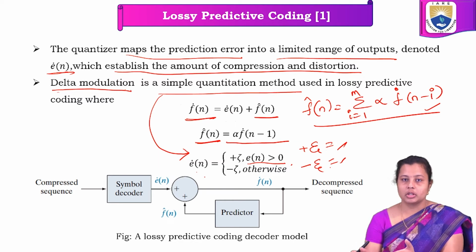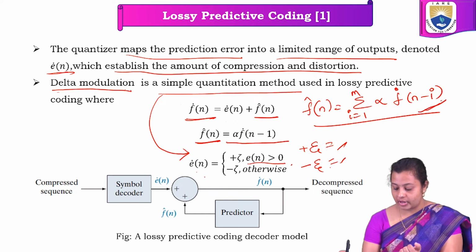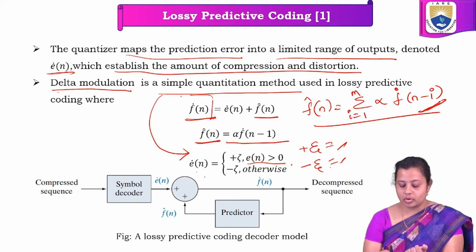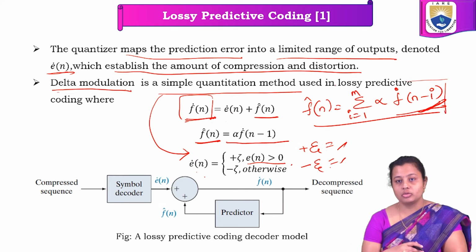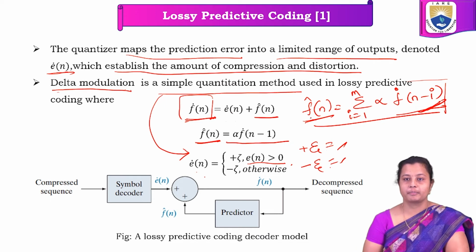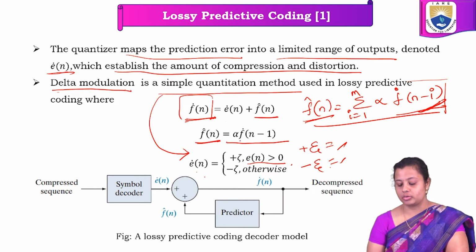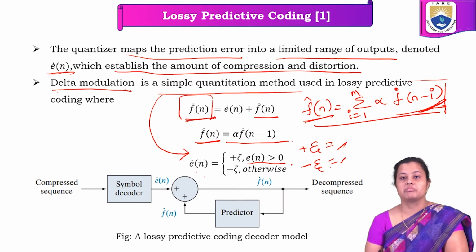Here what we are doing is summing the previous predicted values, the values after the quantizer. Based on those predicted values we predict the new predicted value, right? So f dot of n is equal to e dot of n plus f cap of n, where f cap is equal to alpha times f dot of n minus 1.